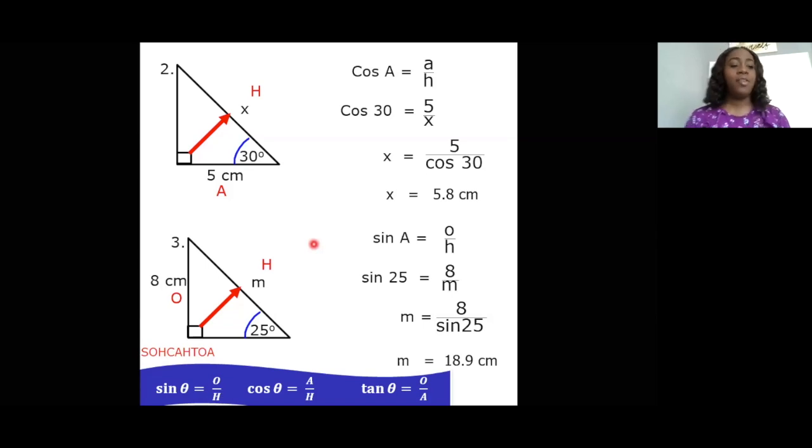Okay. All right. So for my kids who have small calculators, here's what you do. You put in 8, then you press divide. Then you press 25, and then you press sine, and then you press equal. I'm going to say it again. 8, then you press divide, then you press 25, then you press sine, then you press equal.